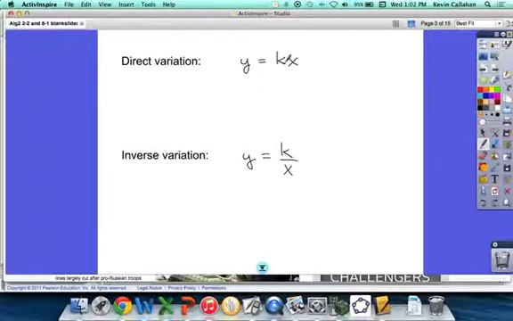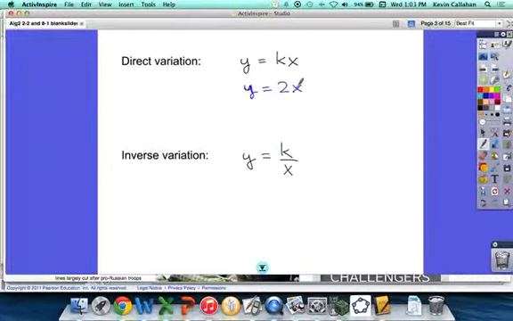We don't know what it is as we start the problem, but it is a constant. It's not a variable. Variables vary. They change their values, or they could take on many values. K is a constant. For example, I could say y equals 2x. Okay, that's a direct variation.